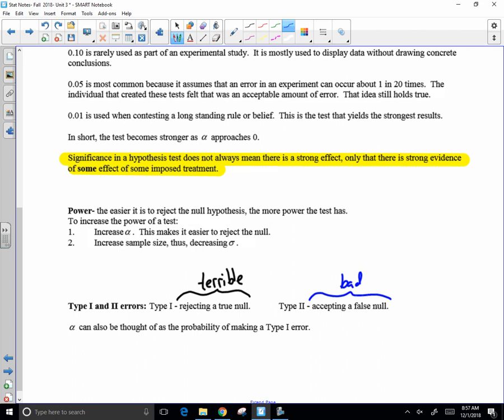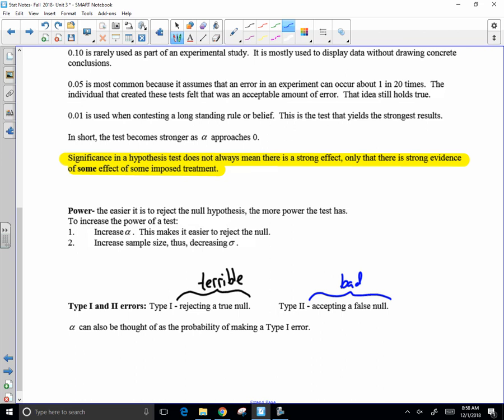Accepting a false null, that's still bad. If you're talking about a long-standing rule or belief that should be dismissed, but statistically we're unable to prove that it should be dismissed, and the reason we're unable to prove it is because we made a mistake somewhere, that doesn't sound good either.